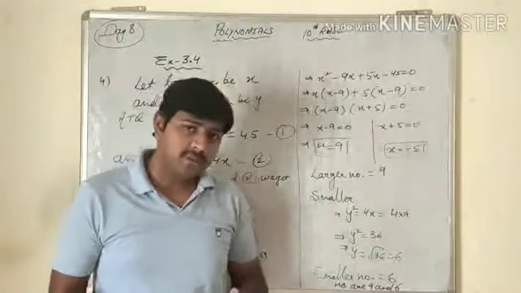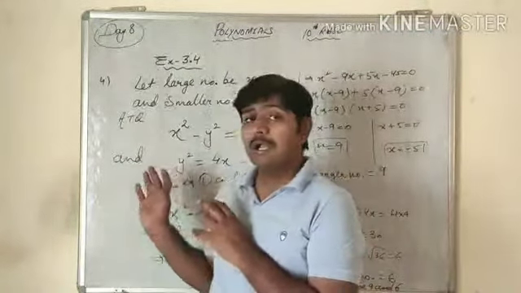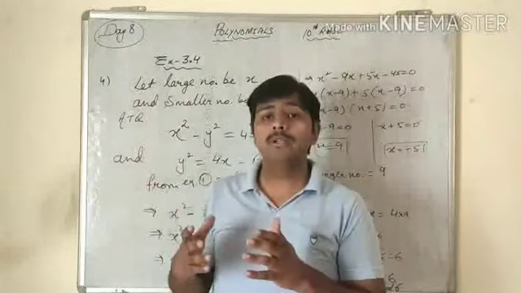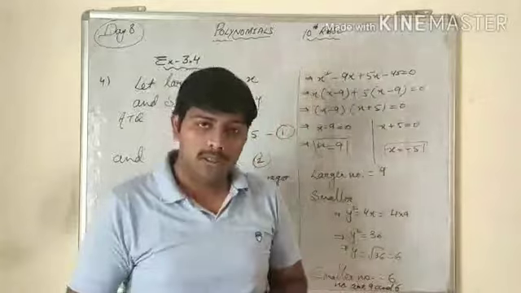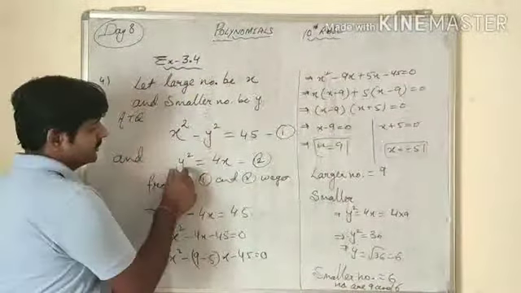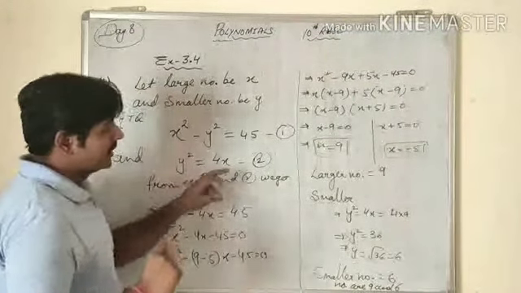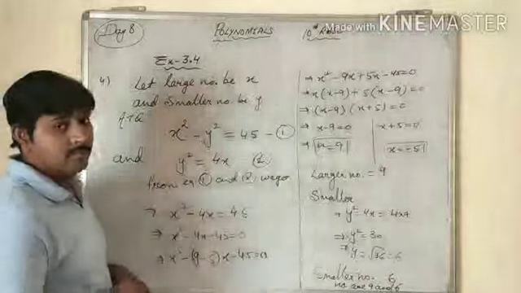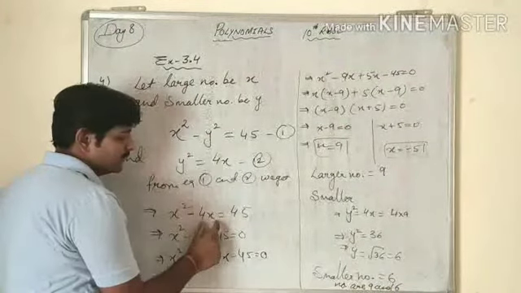One more piece of information is given in this question: the square of the smaller number is 4 times the larger number, and the larger number is x. So y square is equal to 4x. That equation we can put in equation number 1. I have applied it, so in the place of y square I have written 4x.